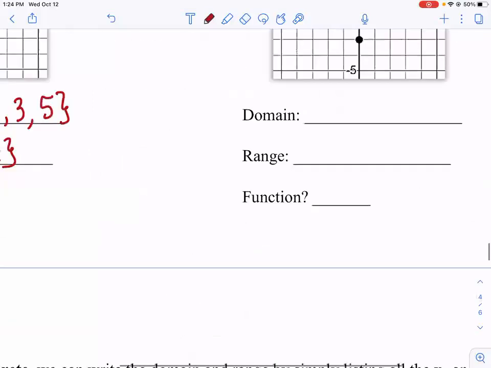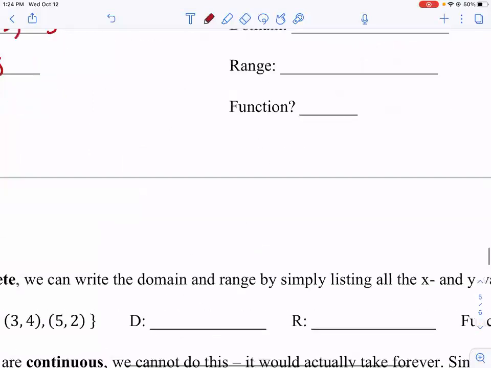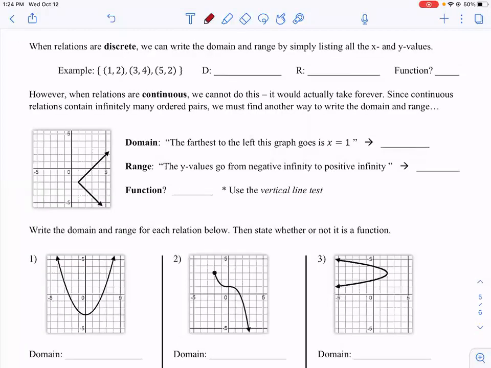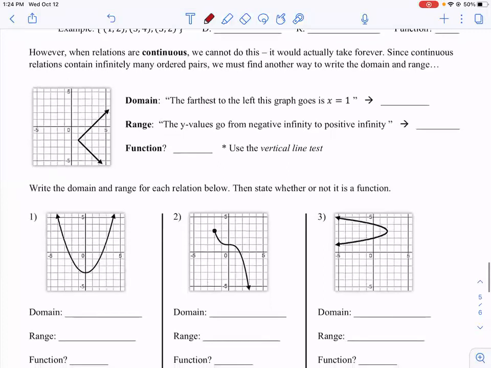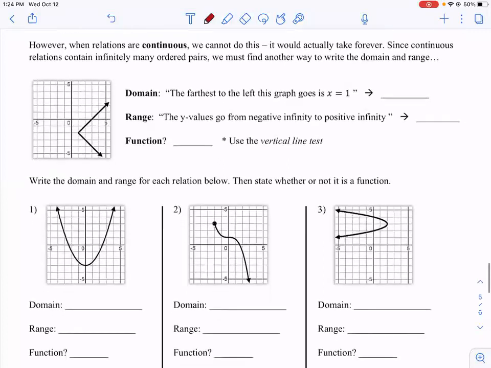Okay. When we had our discrete relations, we just listed the numbers of our domain and range. But when we have a continuous relation, so notice how we have an infinite number of coordinates, we're going to actually use some inequality signs.